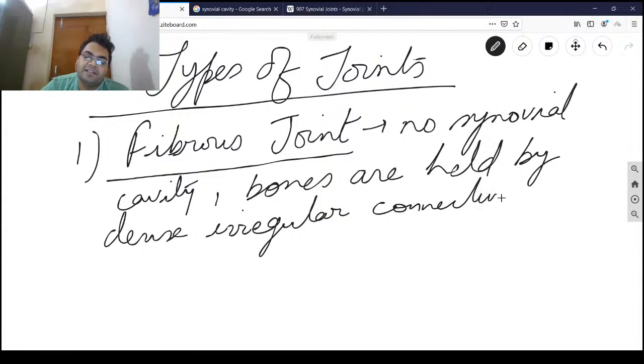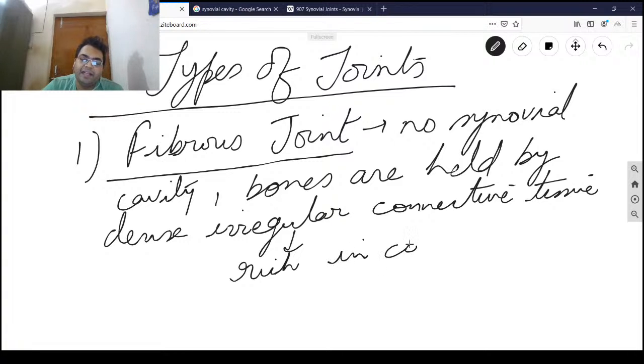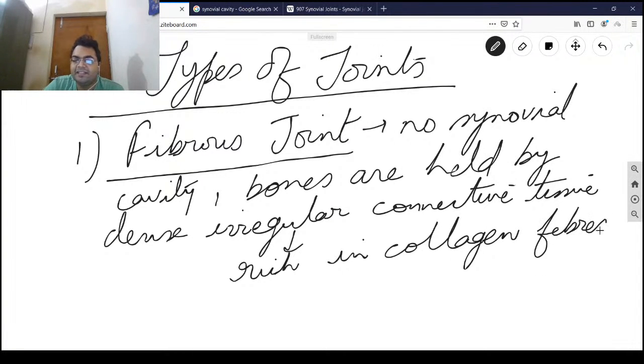This dense irregular connective tissue is rich in triple helical collagen material. It's rich in collagen fibers, so it is extremely reinforced.